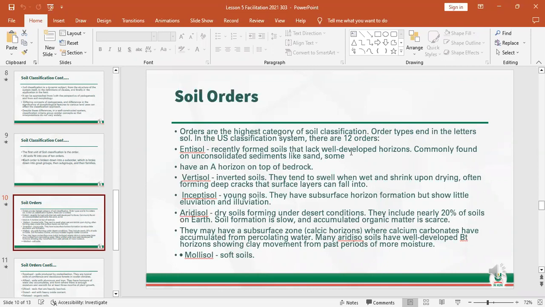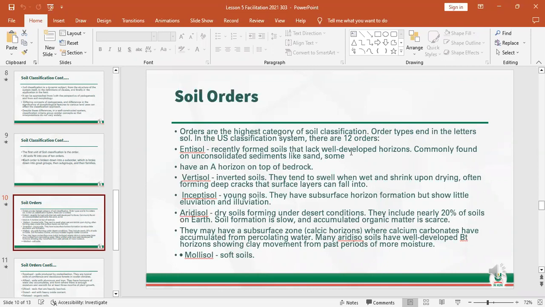Entisols are commonly found on unconsolidated sediments like sand, and some have A horizons on top of the bedrock.